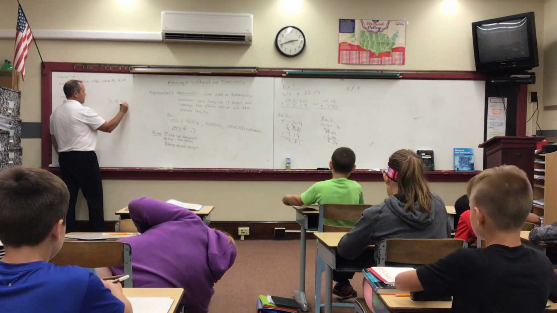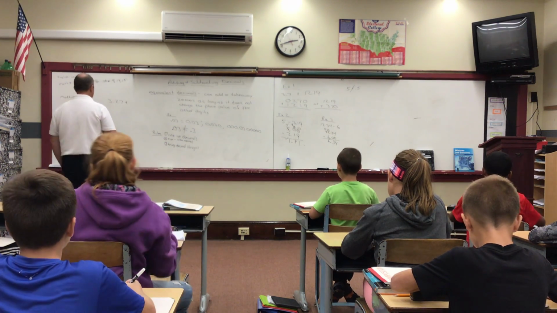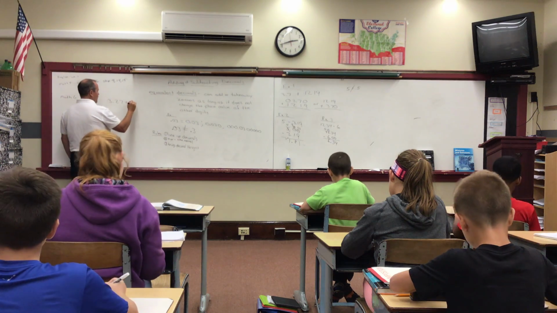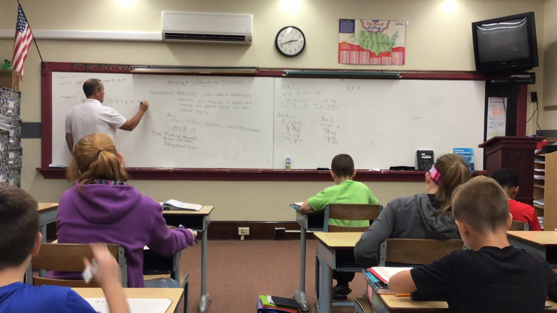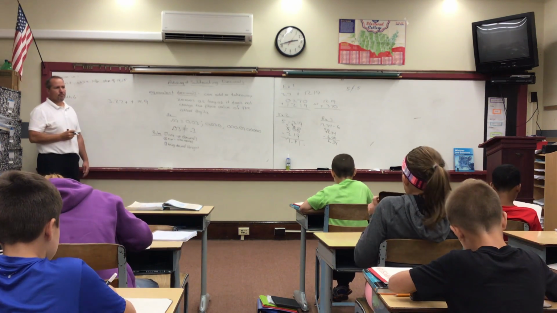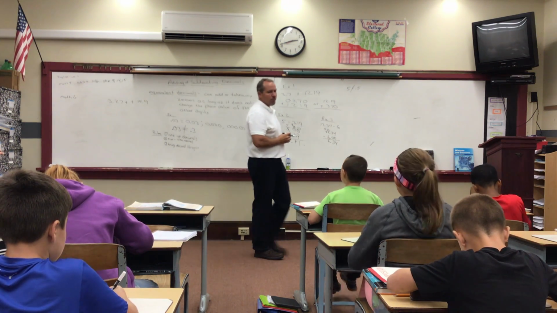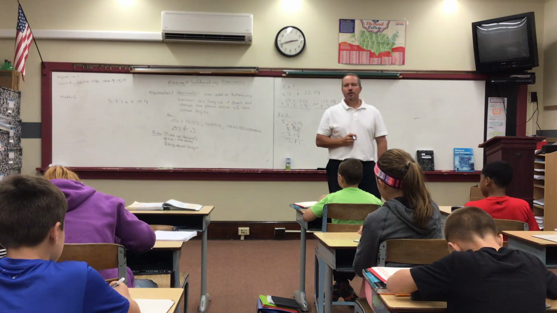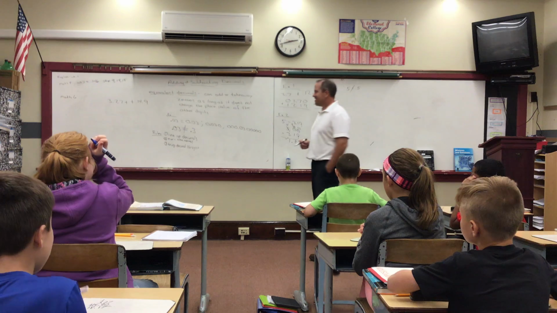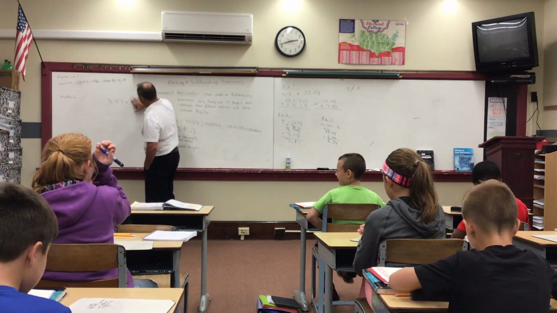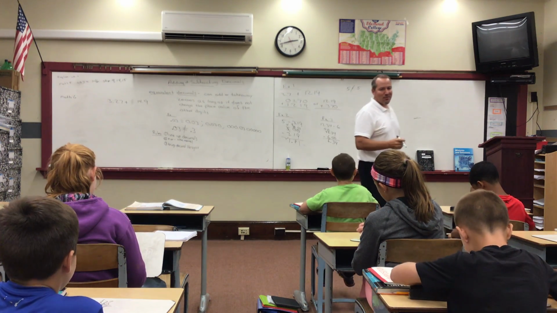Three and 2,700 plus 14 and 9/10. 3 and 2,700 plus 14 and 9/10. I guess we're going to add it twice. Sorry about that. I thought, man, tell me I wrote the exact same problem down as over here.